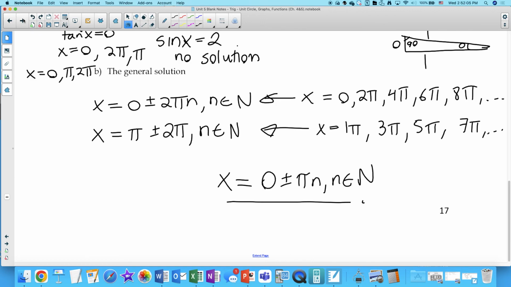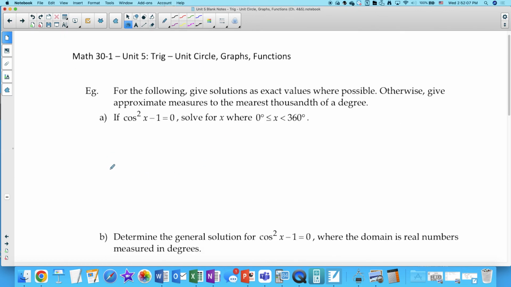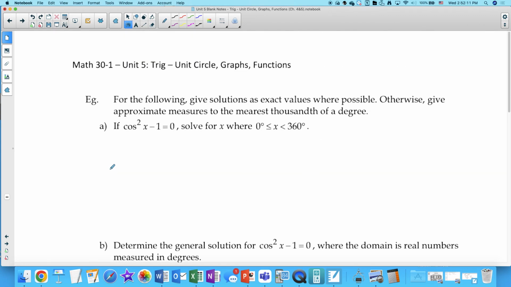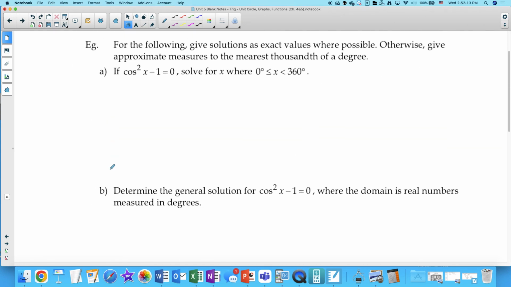Give exact solutions where possible. Otherwise, give approximate measures to the nearest thousandth of a degree. Okay? All right, so we have this equation, cos squared theta minus 1 equals 0. And our domain is 0 to 360 degrees.